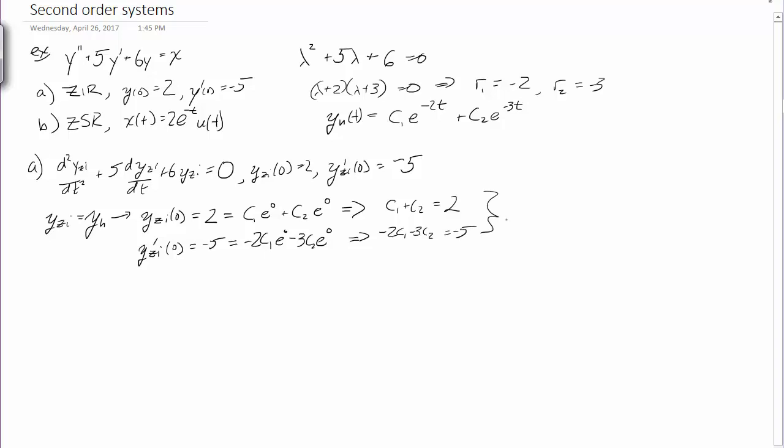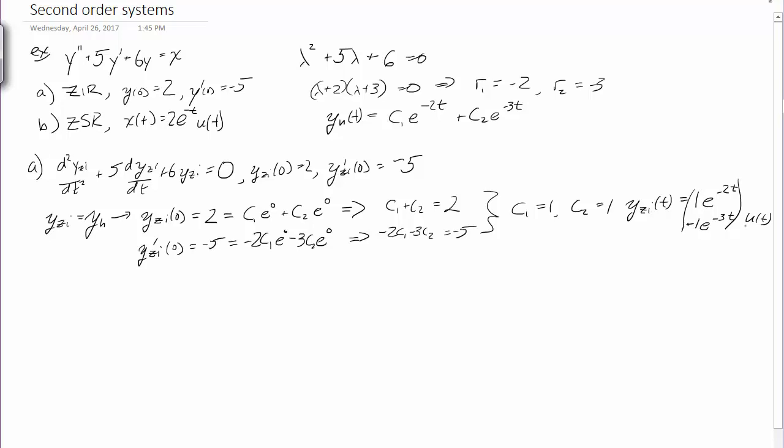If you solve this simultaneous system of equations, you'll get c1 equals 1 and c2 equals 1. So that tells us that y zi of t is 1 e to the minus 2t plus 1 e to the minus 3t, all of which is times unit step.